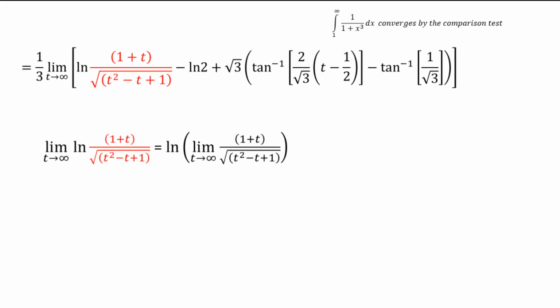Let's look at it. Natural log is continuous on its domain, so I can pull the limit inside and compare just the limit of that algebraic expression. And 1 plus t divided by the square root of t squared minus t plus 1 is going to go to 1. The natural log of 1 is 0.